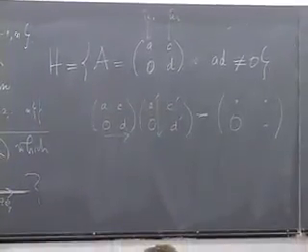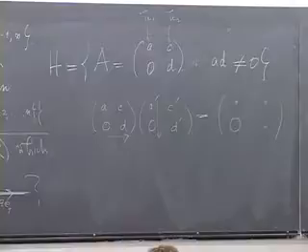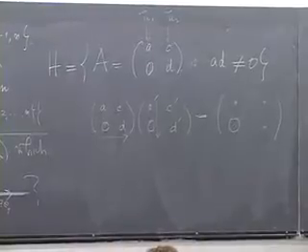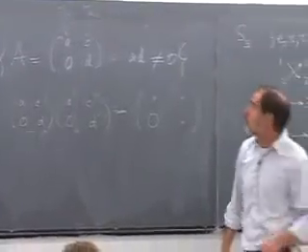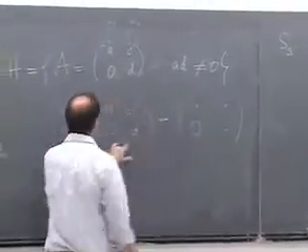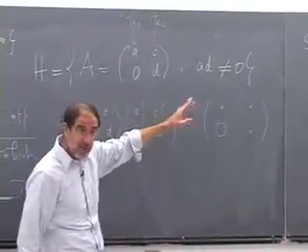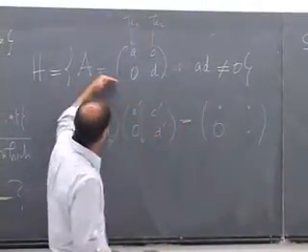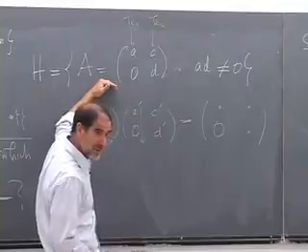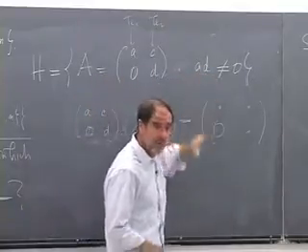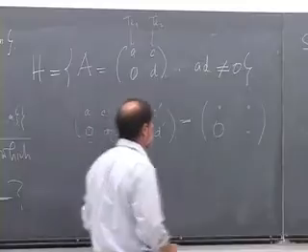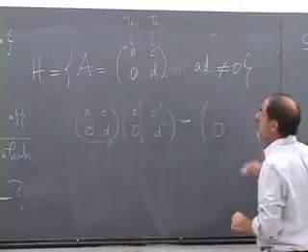Yes? Wouldn't you have to check that in a new one the corners aren't 0 either? Very good point, but we know that because the product of two matrices with non-zero determinant has non-zero determinant. That's already the fact that it's a subset of GL2. This condition will be, but you're absolutely right. In fact, why don't we check and see what the corners are just to verify that for ourselves.